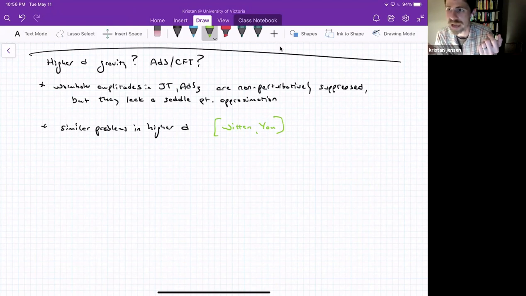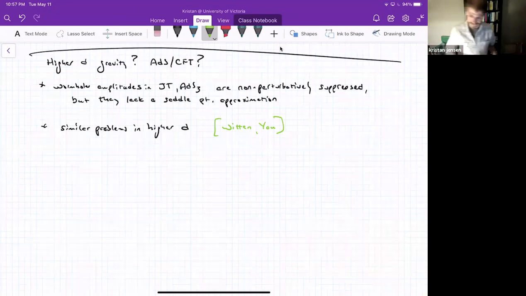So there's no wormhole saddle that you could look for, maybe some non-trivial instanton of the gravitational field. It just doesn't exist. You can prove it doesn't exist.